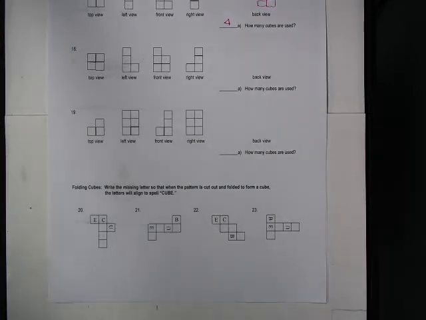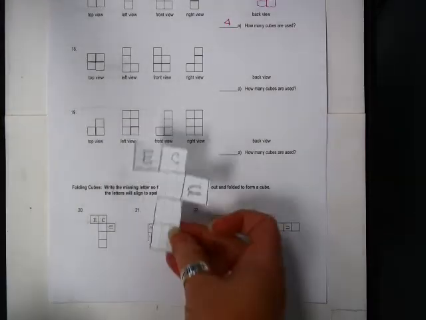After you cut it out, you want to fold it up so that you can try to figure out where the B is going to be. It's not just going to be straight up, it could be tipped over on its side, it could be upside down. So you're going to have to figure out not just which face the B should be on, but how it should be drawn on there.